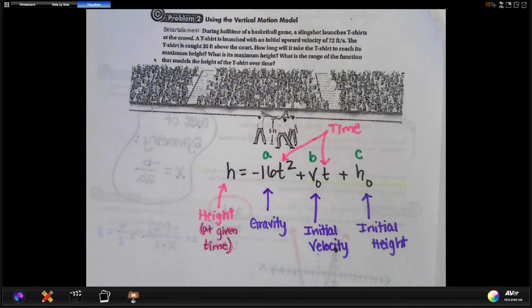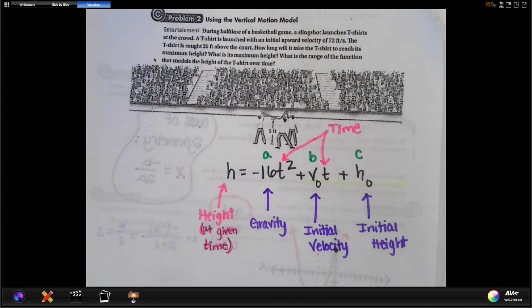Just falling, like the acorn falling from the tree. But what if something is shot out of a cannon or hit from a bat or a spitball thing, right? Or a slingshot. That's a projectile. That's not just falling. So there is a formula for that, okay?